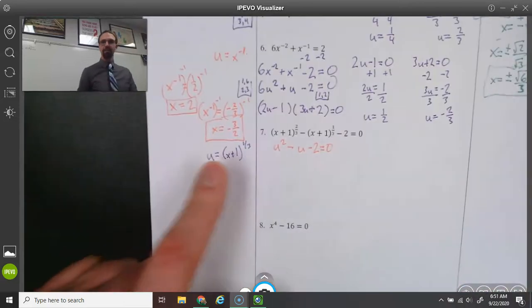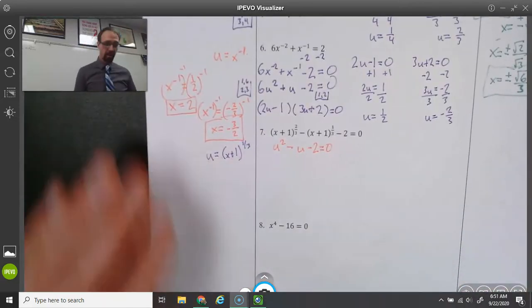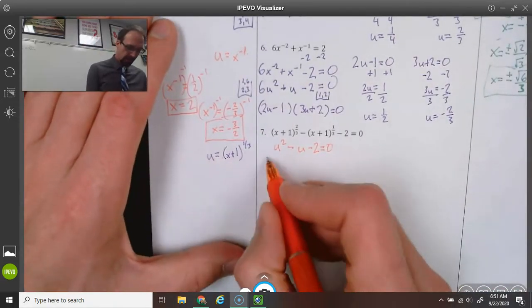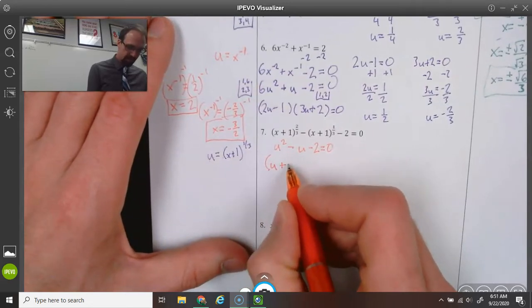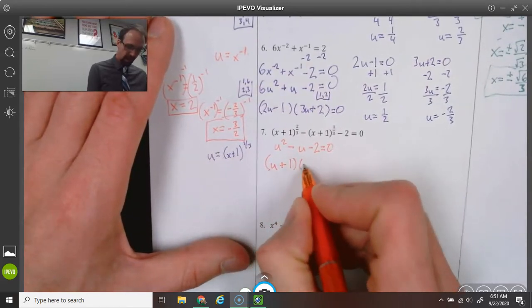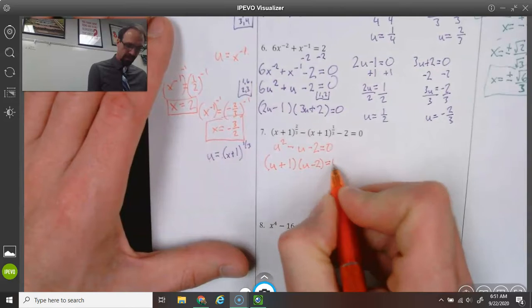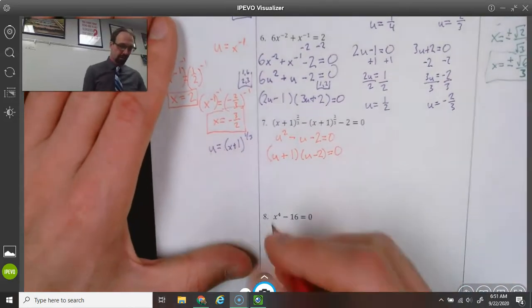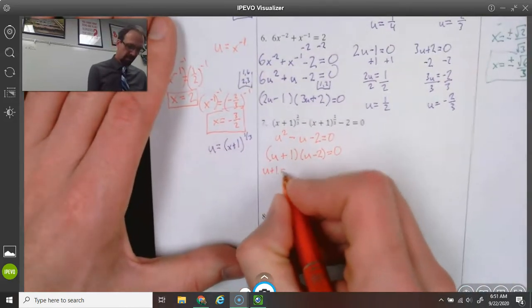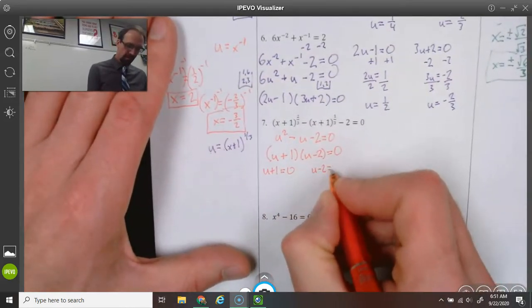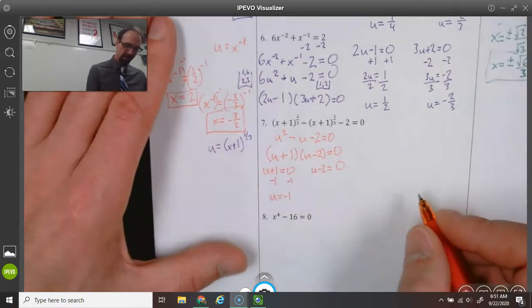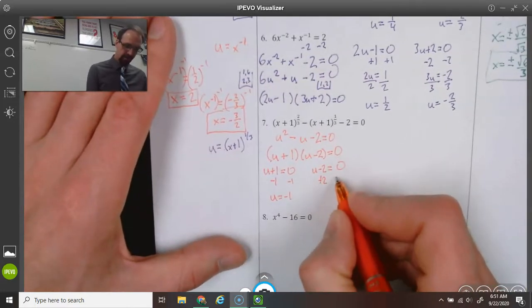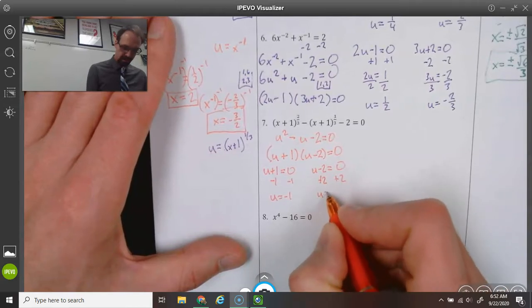Now I can factor this and then solve to find out what my zeros are. It looks like I'm going to have u plus 1 and u minus 2, and set each of those equal to 0, then solve. So u plus 1 equals 0, u minus 2 equals 0. Subtract 1 on both sides, I get u equals -1, and add 2 on both sides, I get u equals 2.